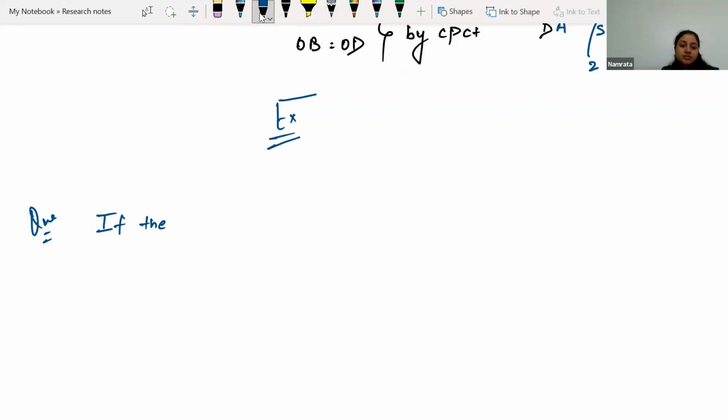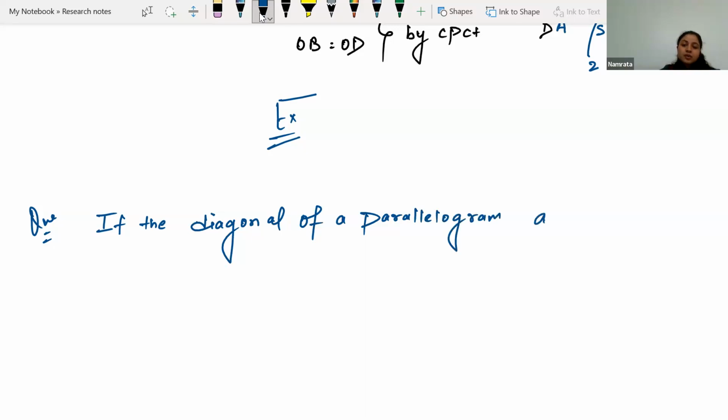So here the question says, if the diagonals of a parallelogram are equal, then show that it is a rectangle.